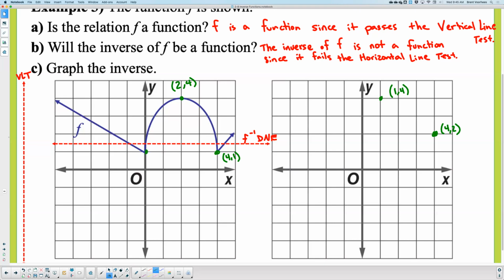What about here? 0, 1, which means the relation would be at 1, 0. Okay, so this part should be a parabola. So the best you can do is connect those dots with a parabola like that.